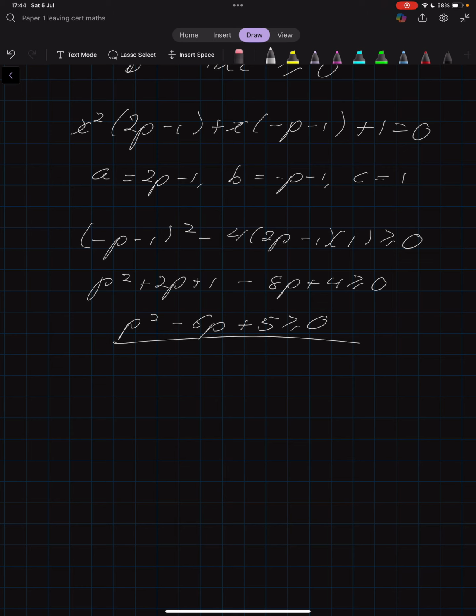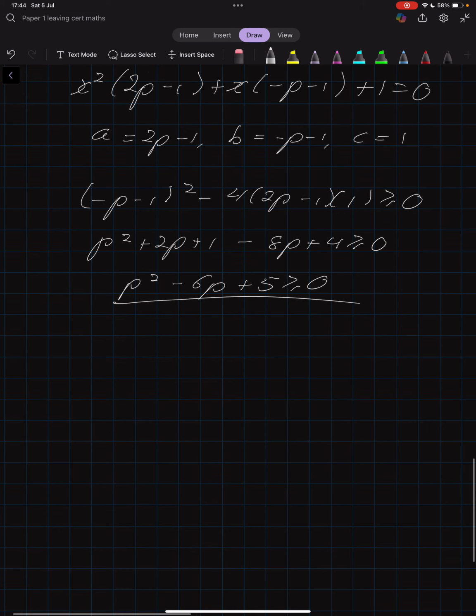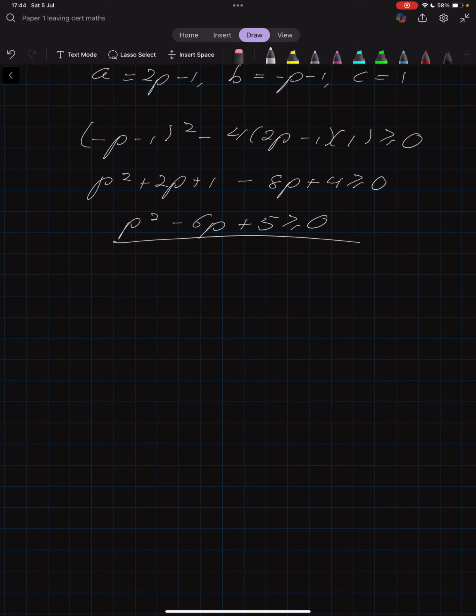I can draw the quadratic and then say, okay, what value does p need to be for me to be above the x-axis, so greater than or equal to 0, and what value is below. It'll become very obvious in a second, but I'll just do it anyways. So if I factorize this, I get p minus 5, p minus 1.